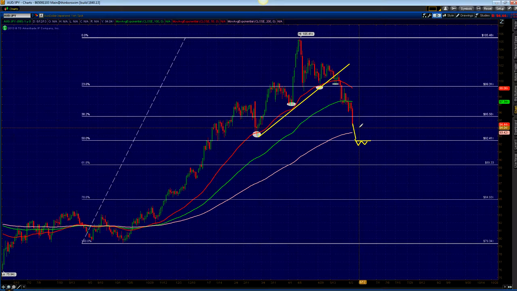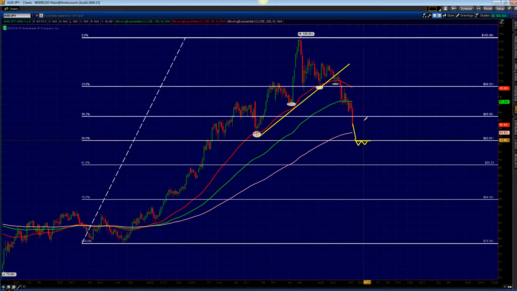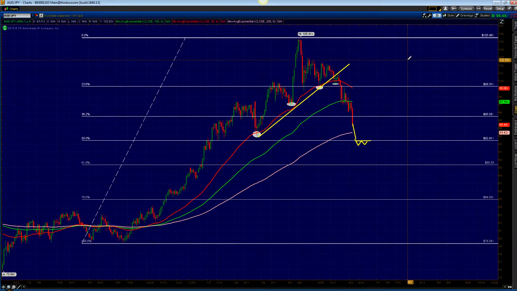I am going to start to look for reversal patterns once we get down and touch this 200 EMA. Reversal patterns I'll be looking for are sort of an inverse head and shoulders, descending wedge. This draws out a double bottom possibility. Get down here, pop around twice, break this neckline, then look to get long. Basically looking for low risk opportunities to try and get long Aussie Yen for some sort of retrace higher.